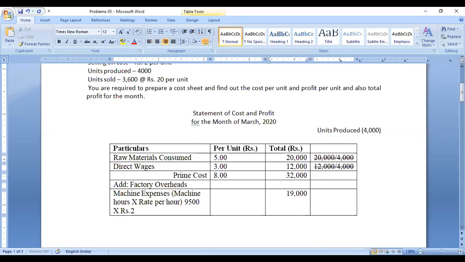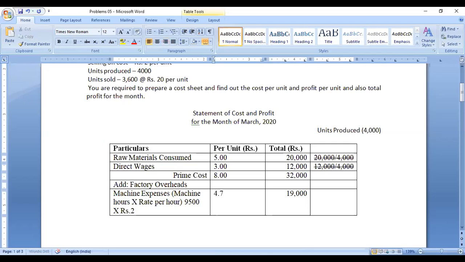So the cost per unit is again 19,000 divided by 4,000. That amount is 4.75.